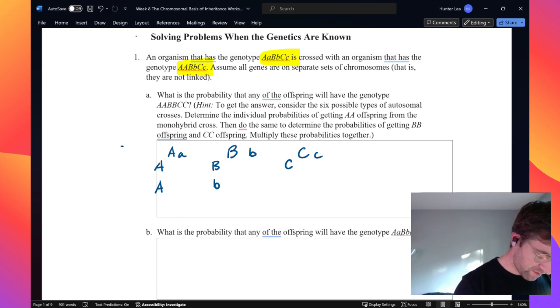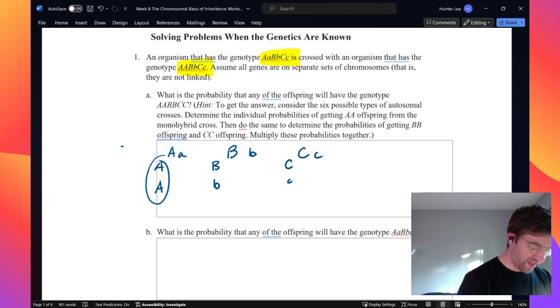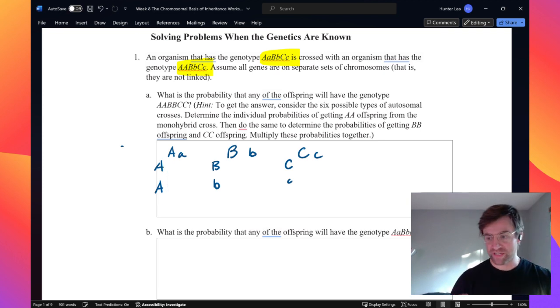So our second organism is only homozygous dominant for that A gene. So that's all that's really changing here.